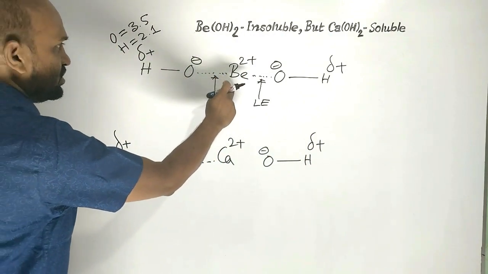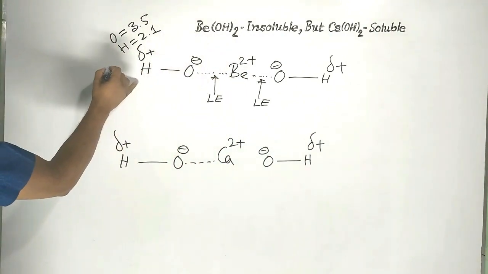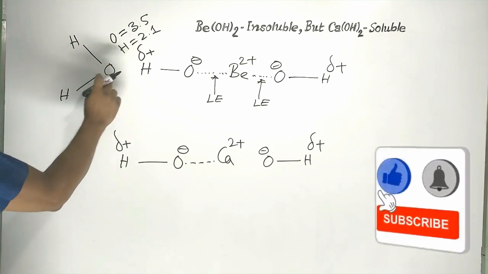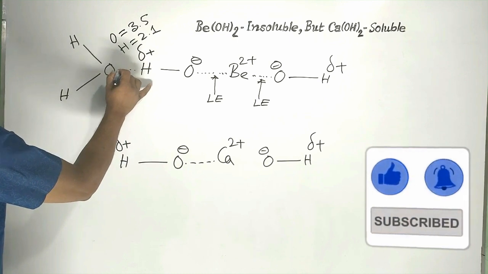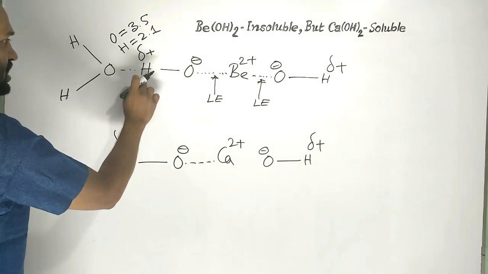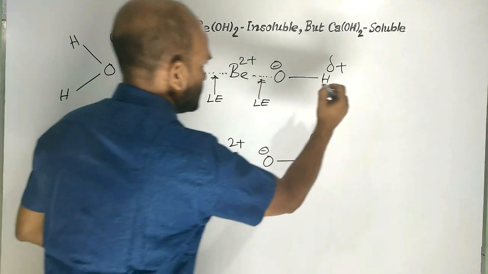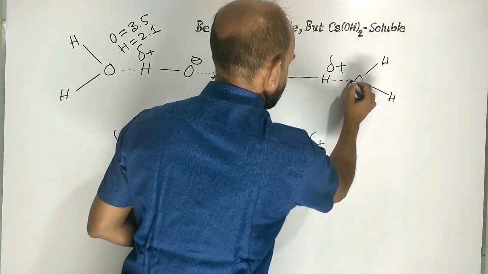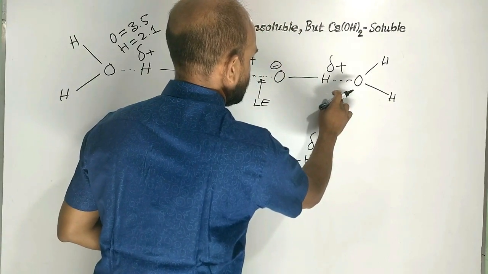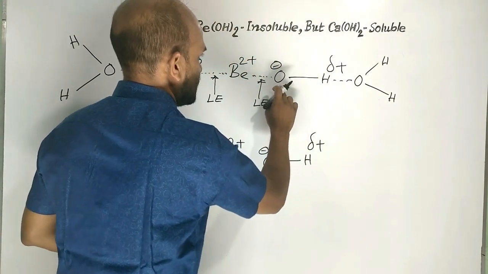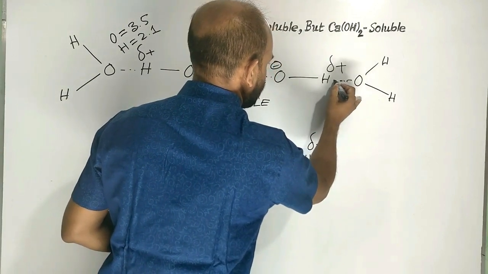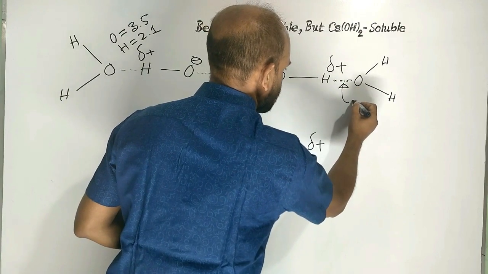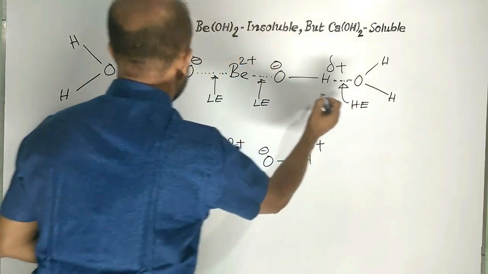When beryllium hydroxide is dissolved in water, there is attraction force between hydrogen of hydroxide ion and water. In this way, attraction force, a hydrogen bond, is created between hydrogen of hydroxide ion and water, which is called hydration energy.